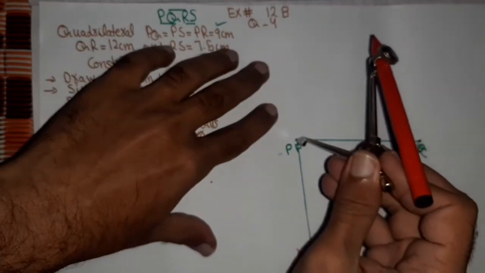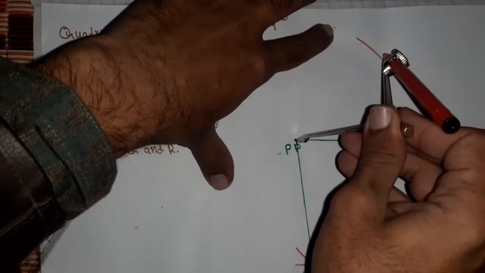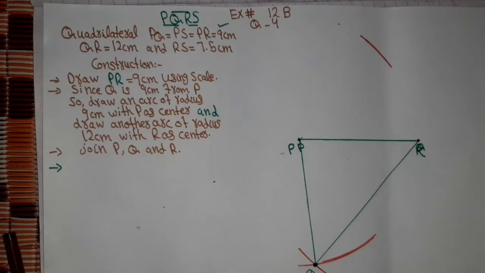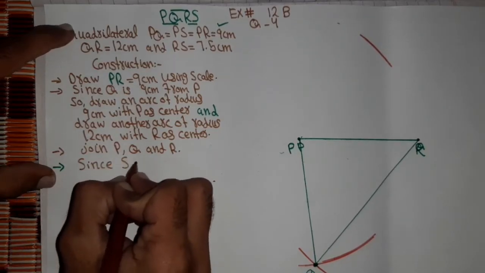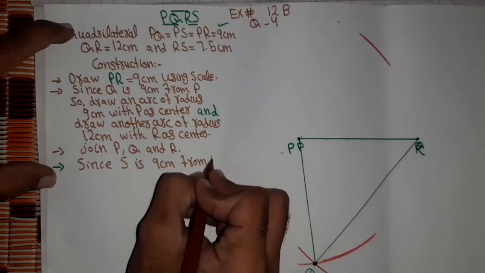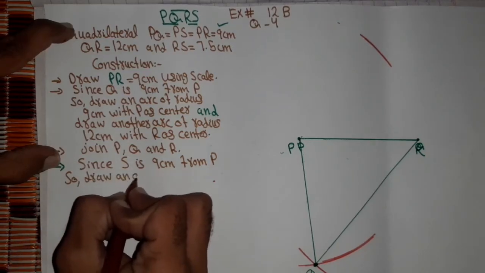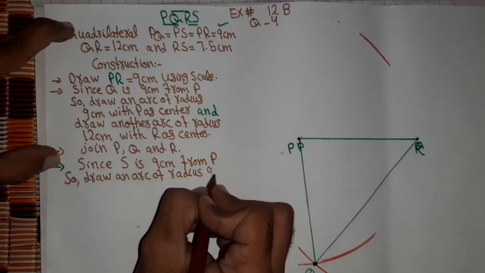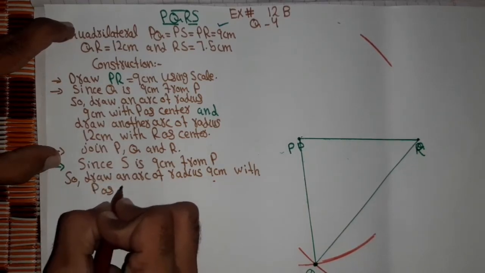Here we will also write: since S is 9 centimeter from P, so draw an arc of radius 9 centimeter with P as center.